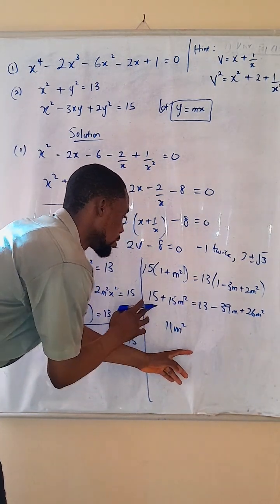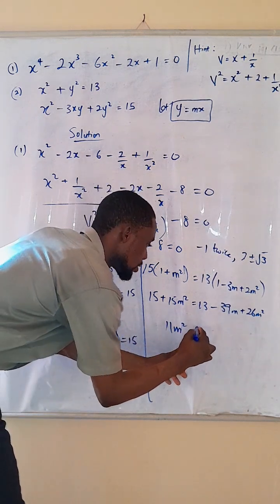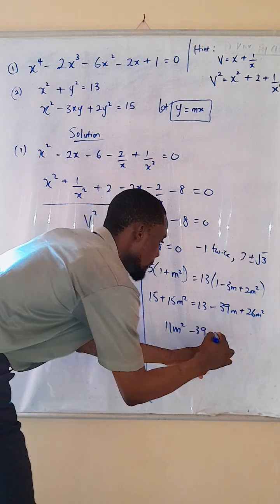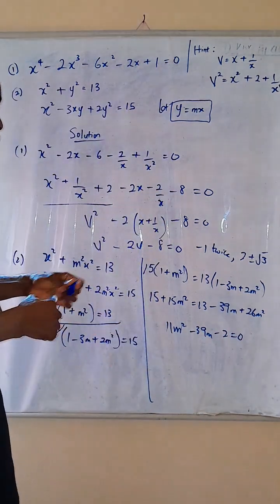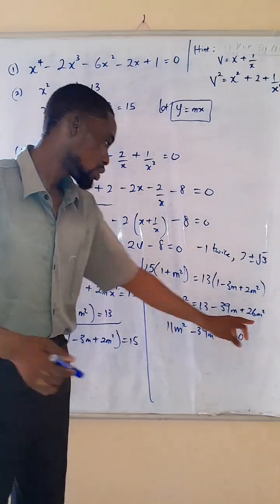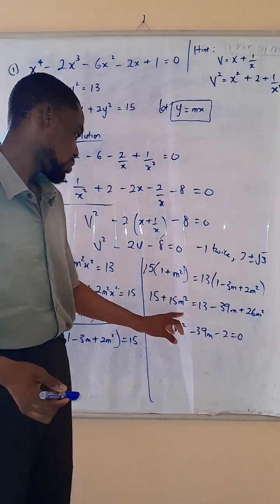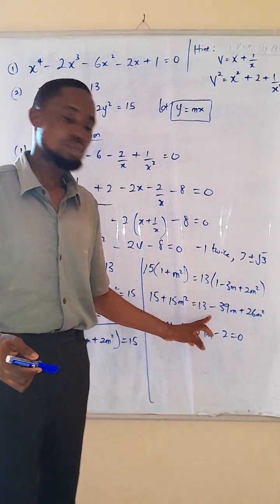Then this is a constant, what's at the right already? Minus 39m. This comes here and becomes minus 2, all equals to 0. So let's confirm: this becomes 11m squared, minus 39m, minus 2 equals to 0.